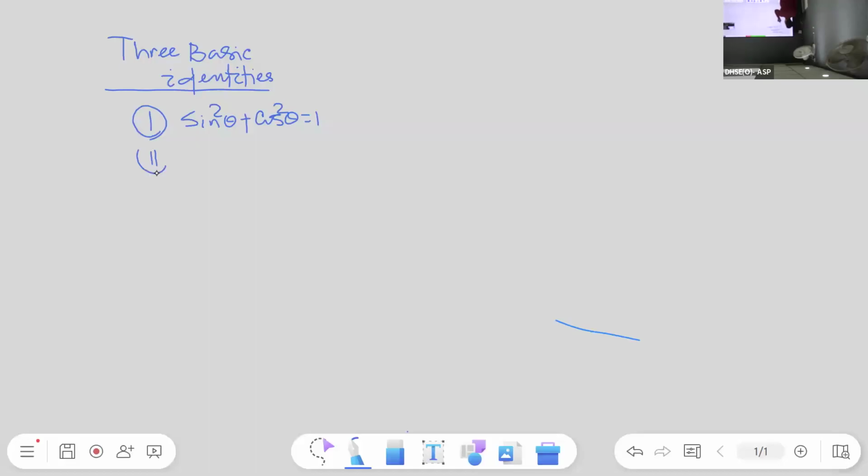Sec square theta minus tan square theta is equal to 1. Cosec square theta minus cot square theta is equal to 1.